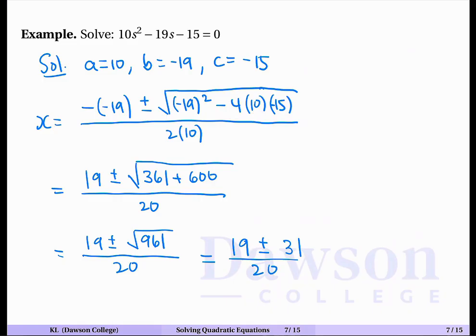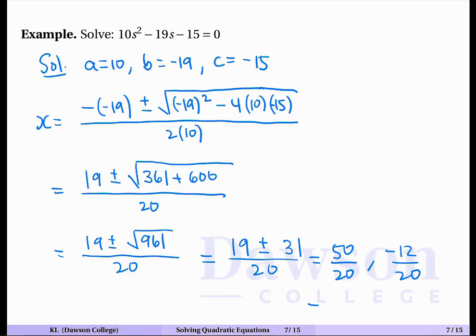If we take the plus part, 19 plus 31, that will be 50 over 20. If we take the minus part, 19 minus 31, that will be negative 12 over 20.